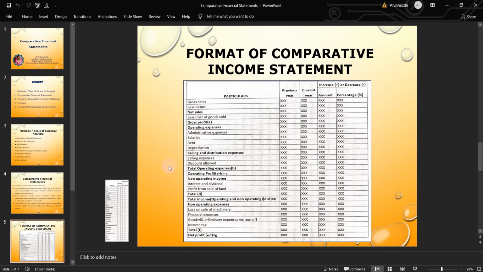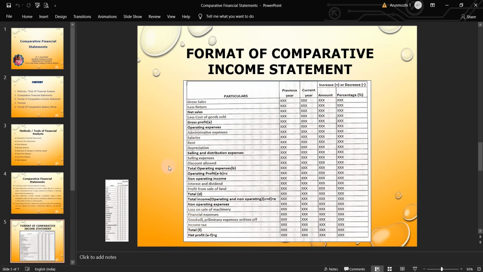Format of a comparative income statement. The comparative income statement or the profit and loss account is a statement which is prepared to find out the increase or decrease in various items of cost, expense and income over a number of years, at least 2.